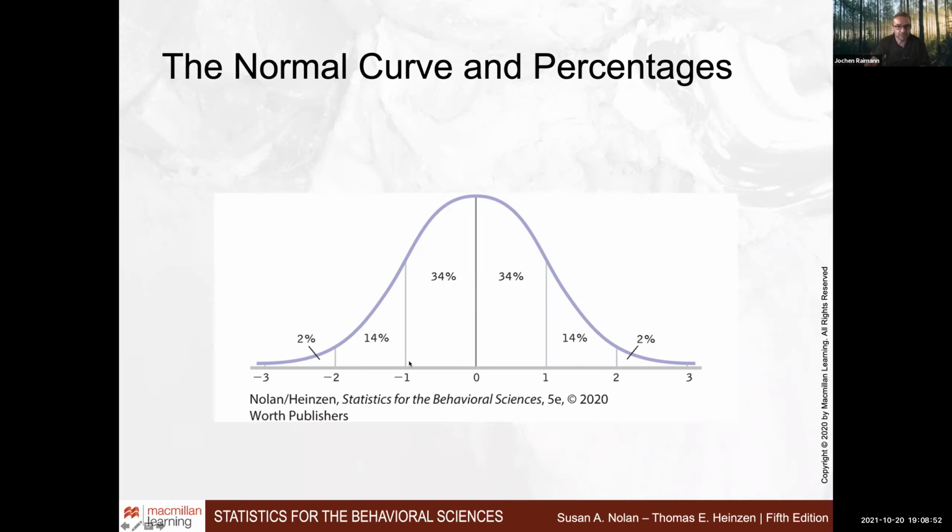It's not 96, it's 95.7. They rounded. So essentially, within 2 standard deviations below and 2 standard deviations above, you capture 95.7% of your population. 68 was within 1 standard deviation up and down, so this is 2 standard deviations down, 2 standard deviations up, including 4 standard deviations distance now, you get 95.7.